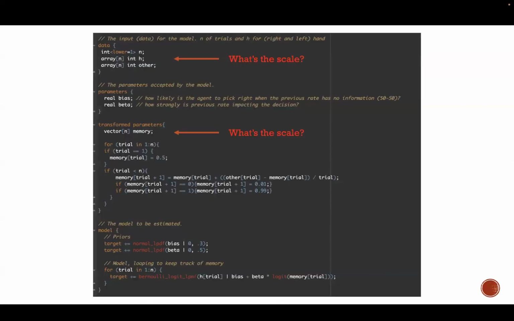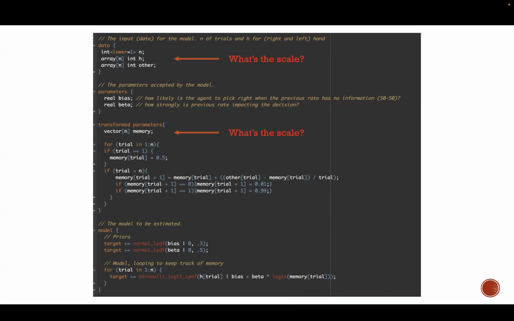And here is the code. Right, we have an integer that tells us the number of trials. We have a vector of integers that tells us the choices. We have a vector of integers that tells us the others' choices. We have two parameters, the alpha and the beta, and I'm calling the alpha bias because it's more intuitive. And then let's forget that for a second.